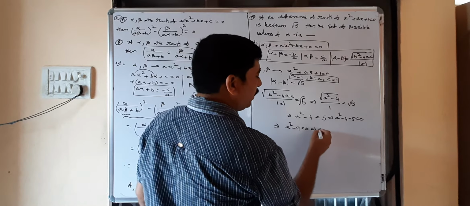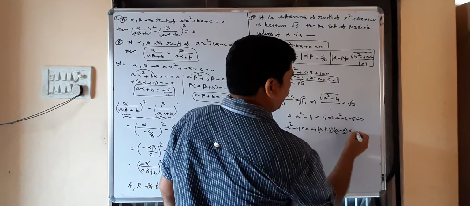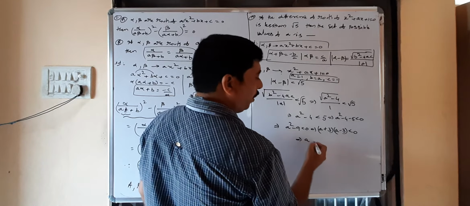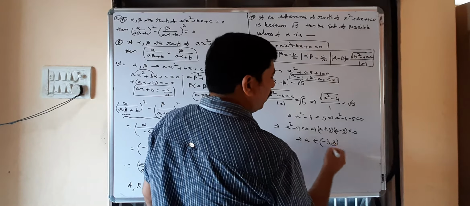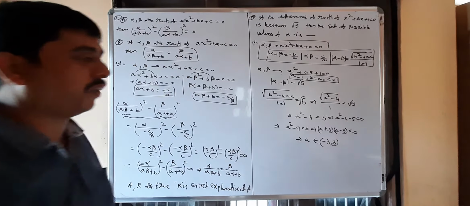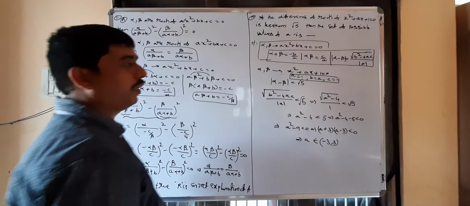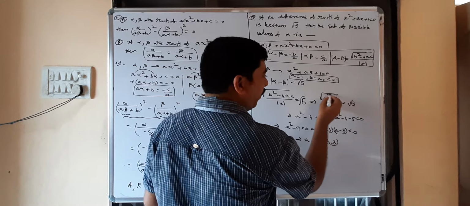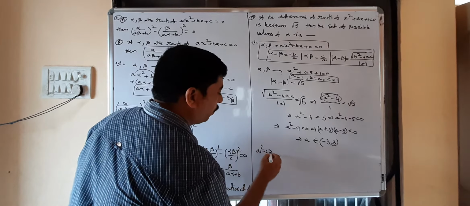That implies a plus 3 into a minus 3 less than 0, which means a belongs to minus 3 comma 3. This is in the form of x minus alpha and x minus beta less than 0, which means x belongs to alpha comma beta. Also this is defined only when a square minus 4 is greater than or equal to 0.